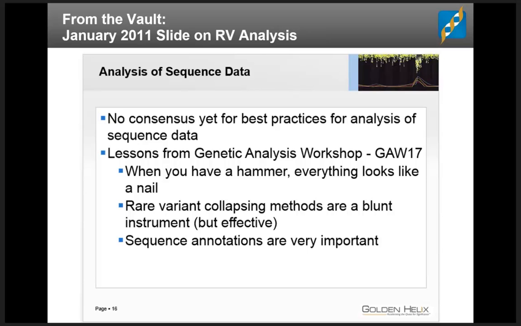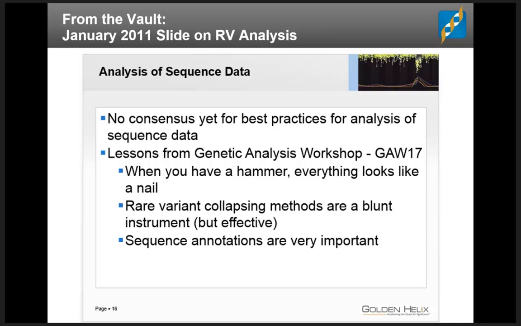So if you're familiar with the Genetic Analysis Workshop, you know that it's an event held every other year, and researchers come together and everybody does an analysis on a common data set that is usually simulated to represent some of the more popular questions being asked in the field at the time.